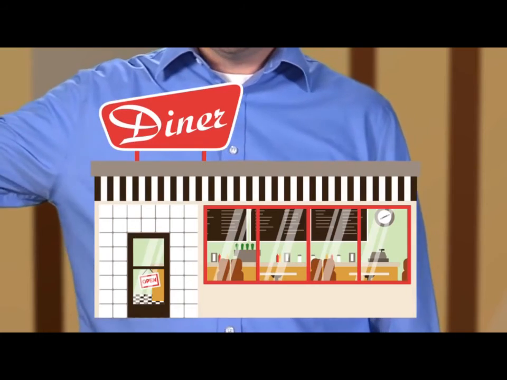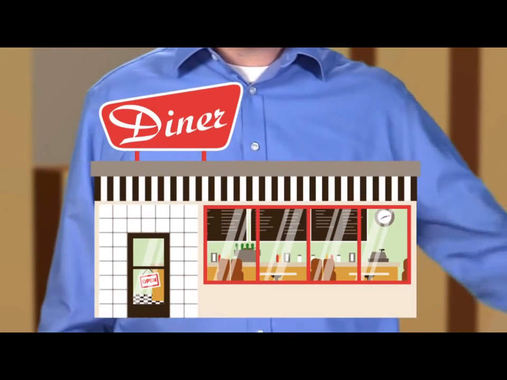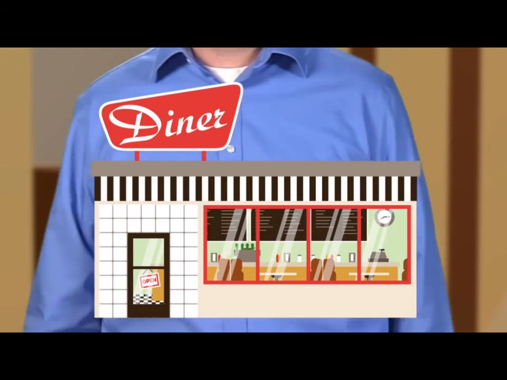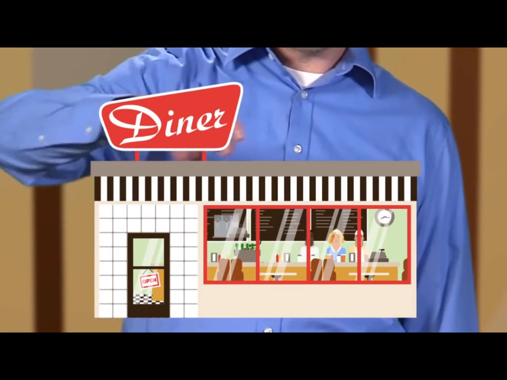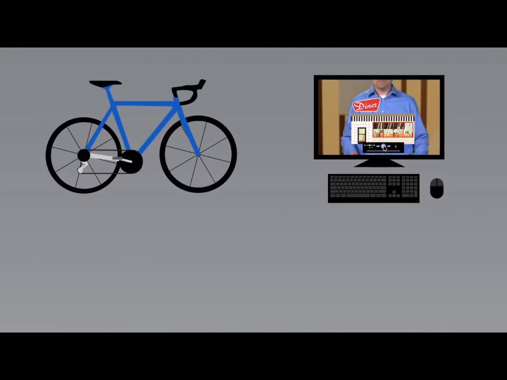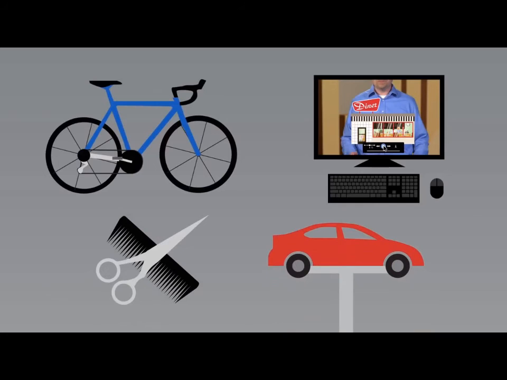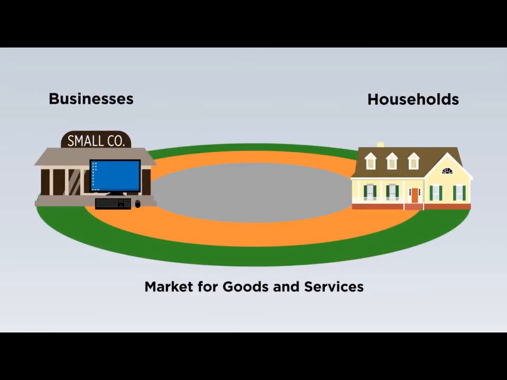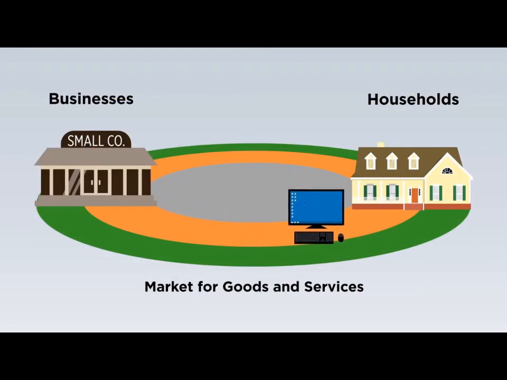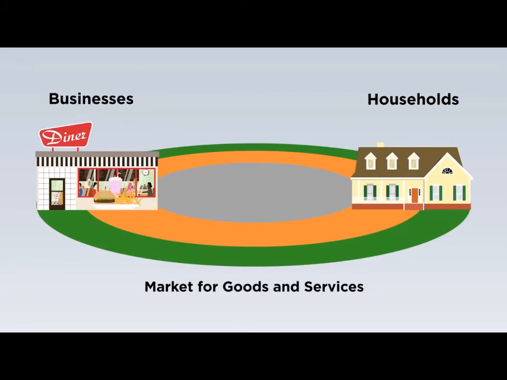Let's start with businesses. Businesses use the economic resources they buy in the market for resources to produce goods, such as computers and bicycles, and services, such as haircuts and car repairs. Businesses sell these goods and services to households in the market for goods and services. For example, the diner produces cheeseburgers, fries, and milkshakes. Households use part of their incomes to buy goods and services.